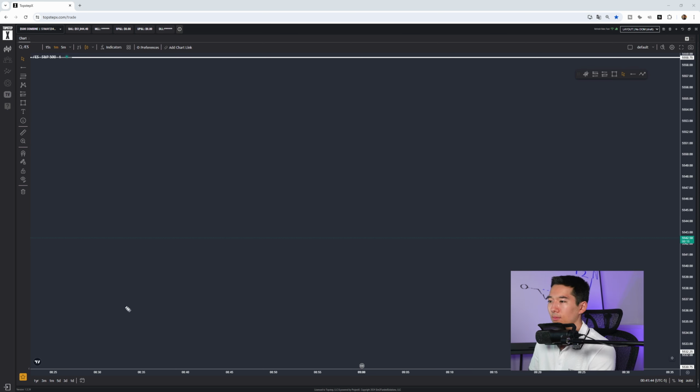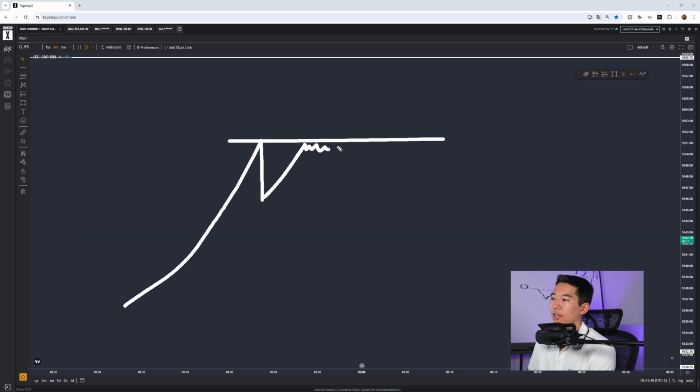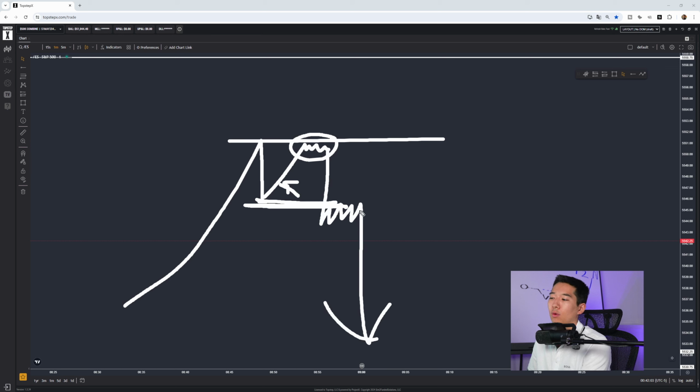Check this out. If you have a bigger structure high here, and you make a breakout trade and enter here, you don't know how much money you're using until the market does its move again. Because people who bought here have a stop placement here. That means if the market goes down here, it will first decide if it wants to go down or up.